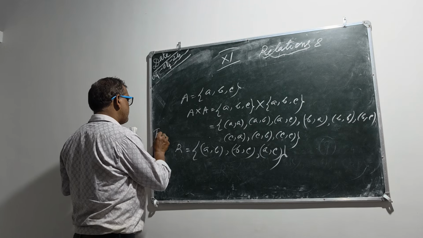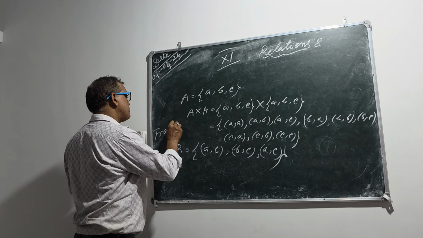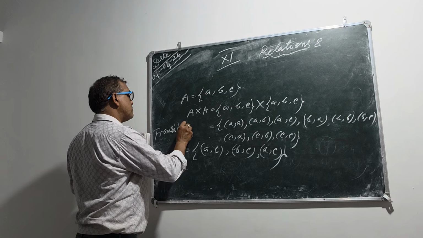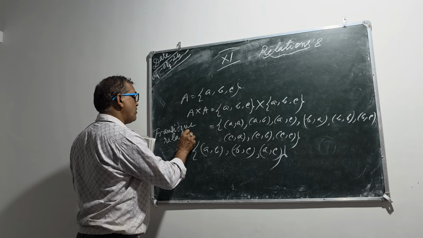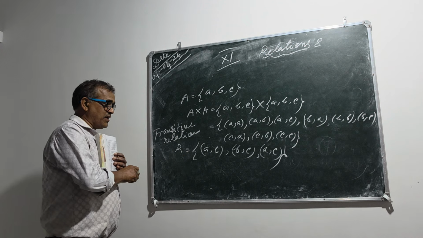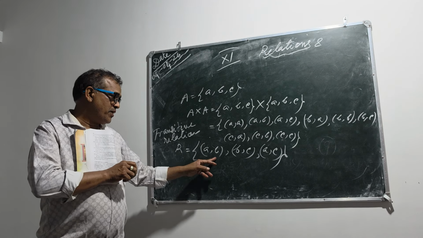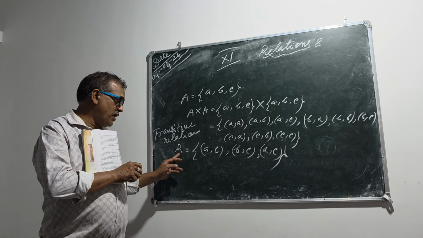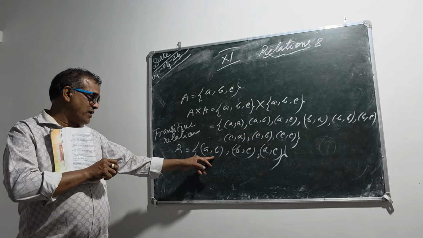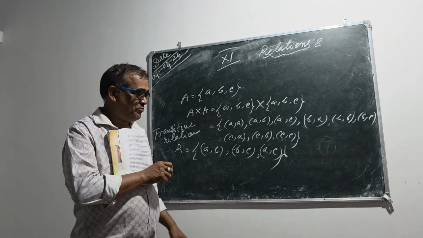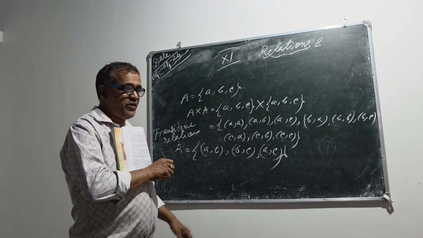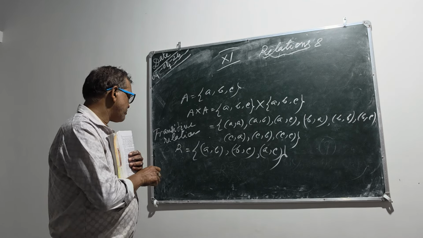So if (A, B) and (B, C) belong to a relation, and at that moment there is a third pair (A, C), then we can say it will be a transitive relation.